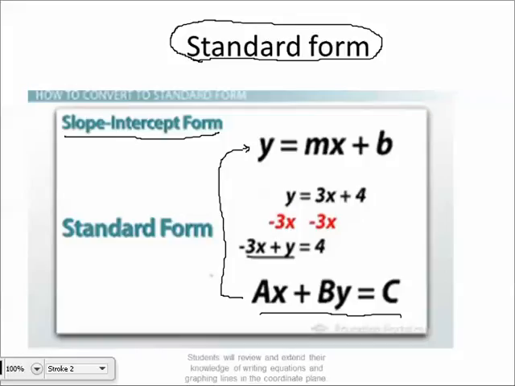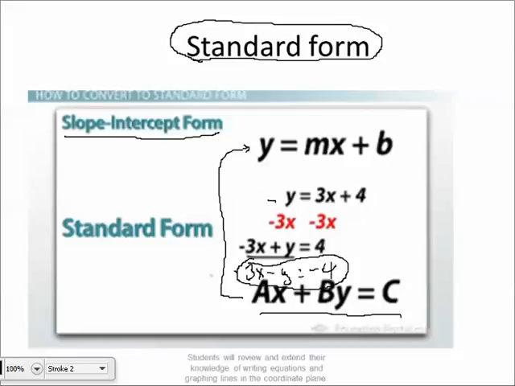So I'm going to take this equation right here, y equals 3x plus 4. If I subtract the 3x from both sides, I get negative 3x plus y is equal to 4. Now, to be in standard form, I'd multiply it by negative 1, so that I would have 3x minus y equals negative 4, because this A has to be a positive number, and that would be my standard form.